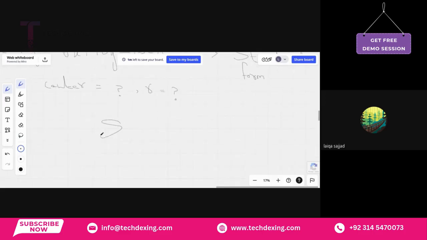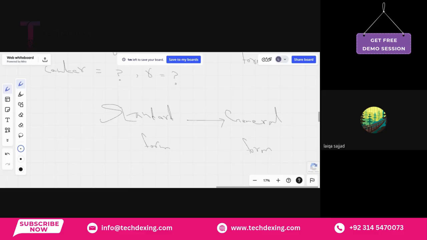So to convert the standard form into the general form, which method do we use?